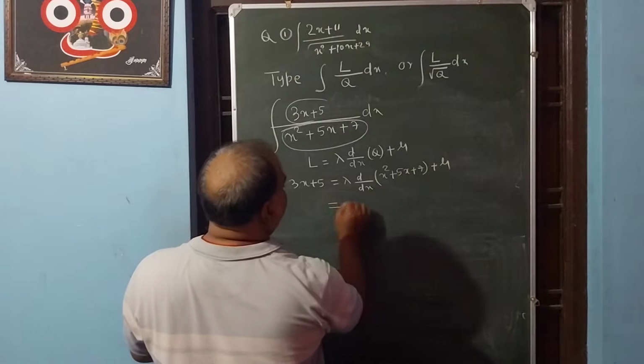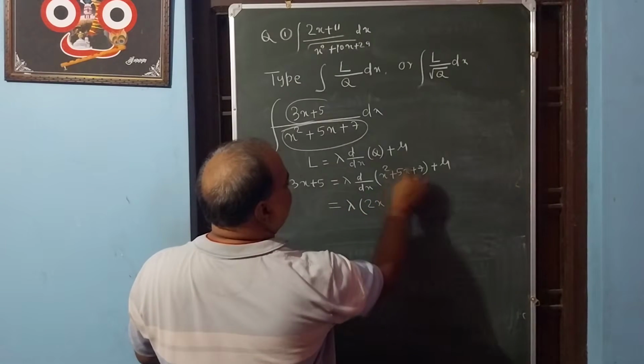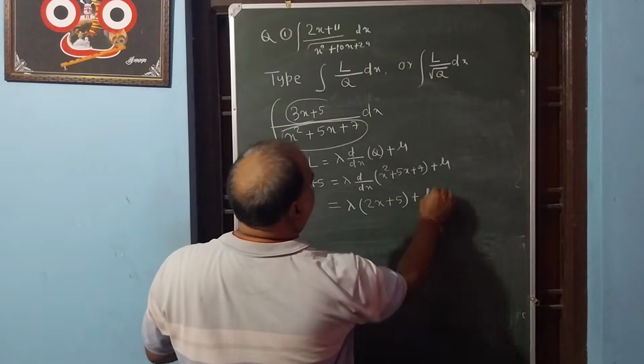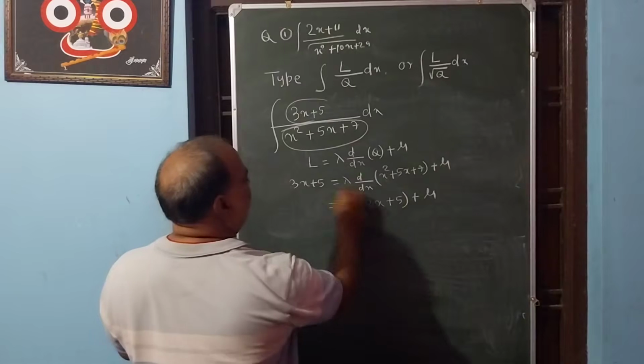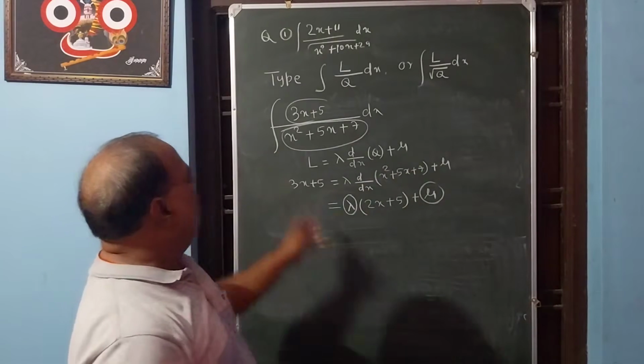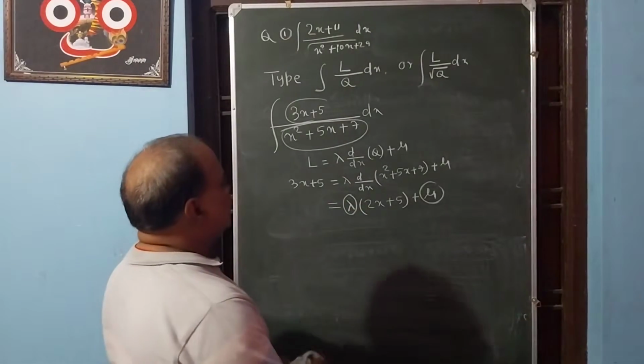So we get lambda times the derivative of x square, 2x, derivative of 5x, that is 5, plus mu. Our aim is to find the values of lambda and mu.